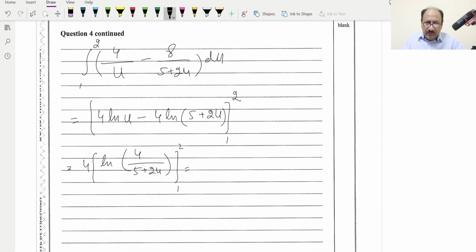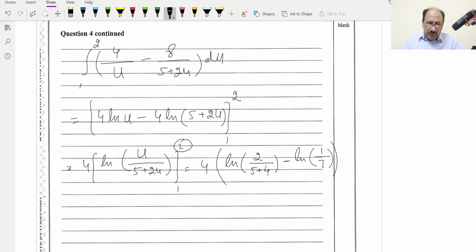Now we are applying the limits. The upper limit of u we will apply first, so it will be 2 over 5 plus 2 into 2, which is 4, and minus log of u value 1, so 1 over 5 plus 2 will be 7, so 1 over 7.